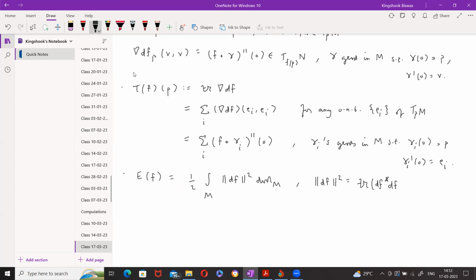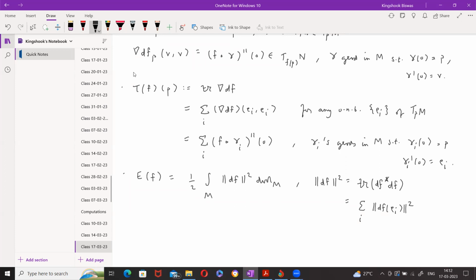So this is also equal to the sum over i of norm of df(e_i) squared, where e_i is any orthonormal basis of the tangent space.